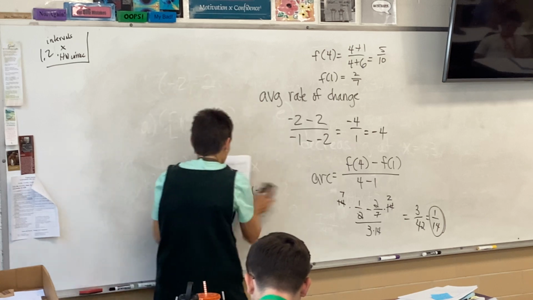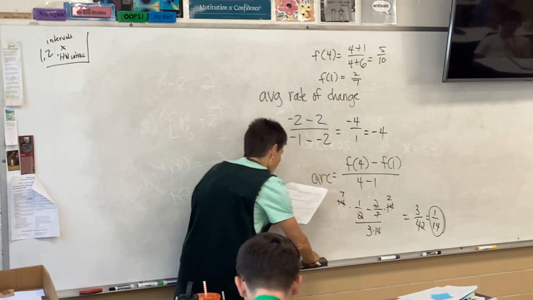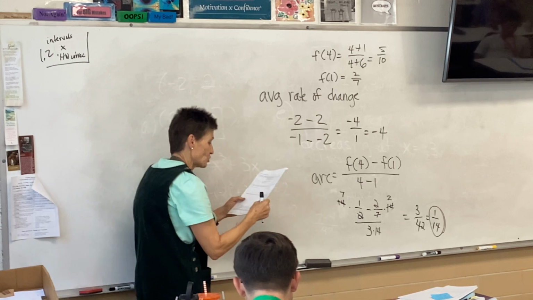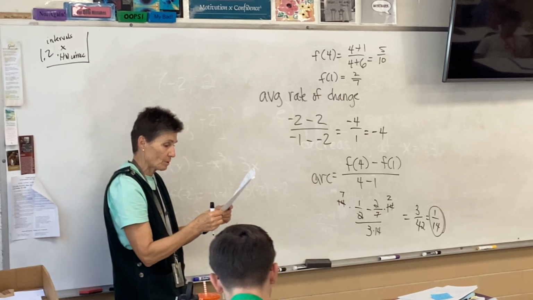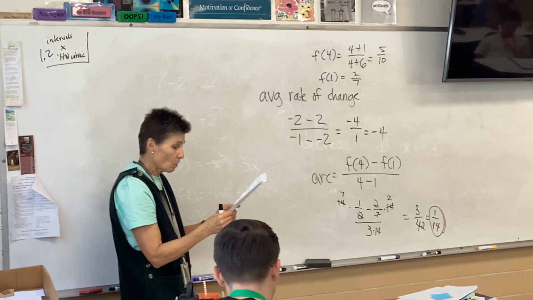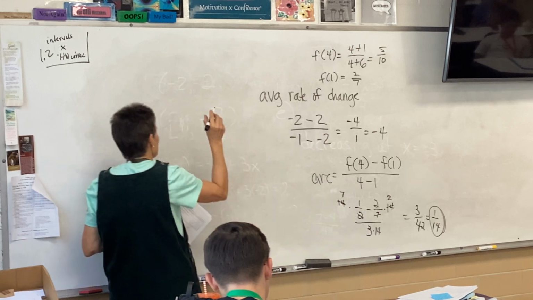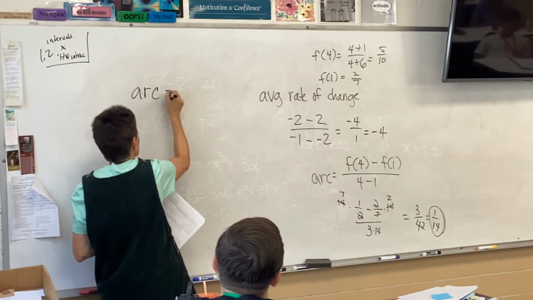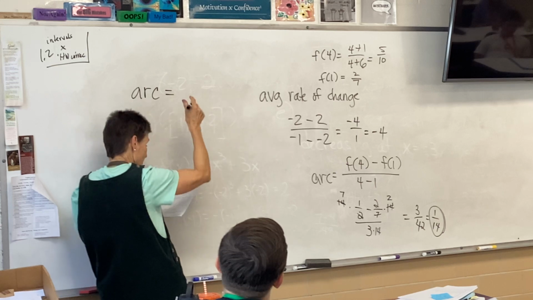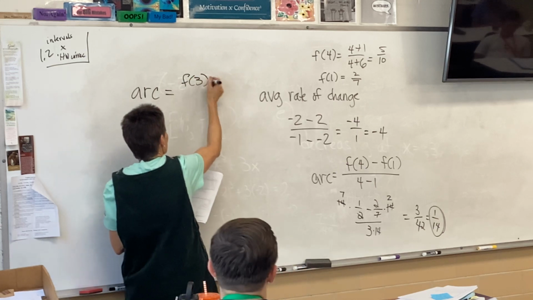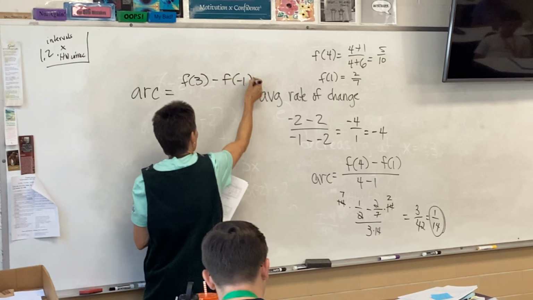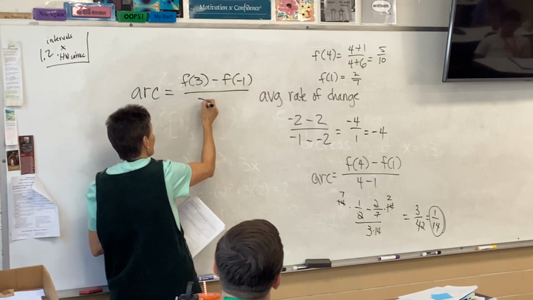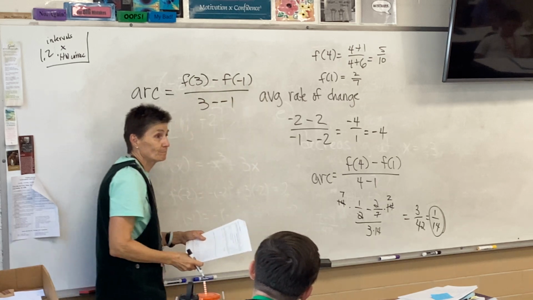Okay, let's see what's next here. The graph is shown. Find the average rate of change over the interval from -1 to 3. Okay, so the average rate of change, I'm just going to abbreviate instead of keep writing that, is going to be f of 3 minus f of -1 all over 3 minus -1.